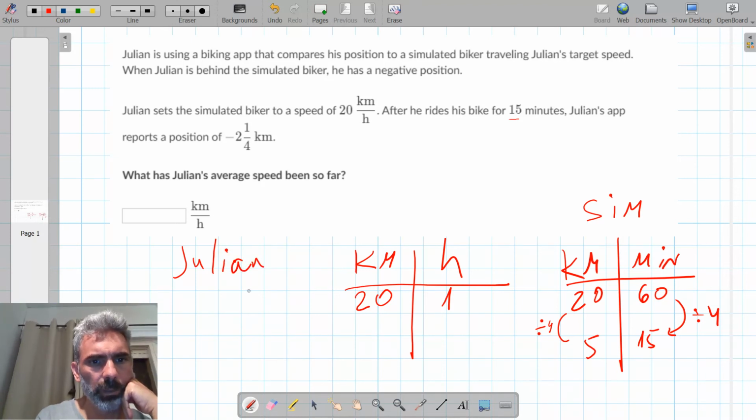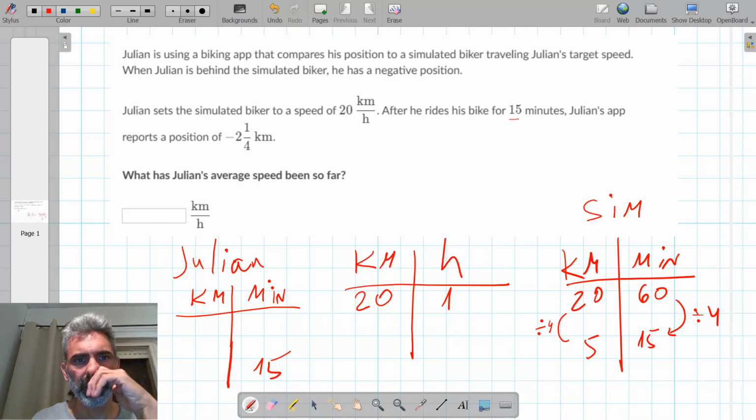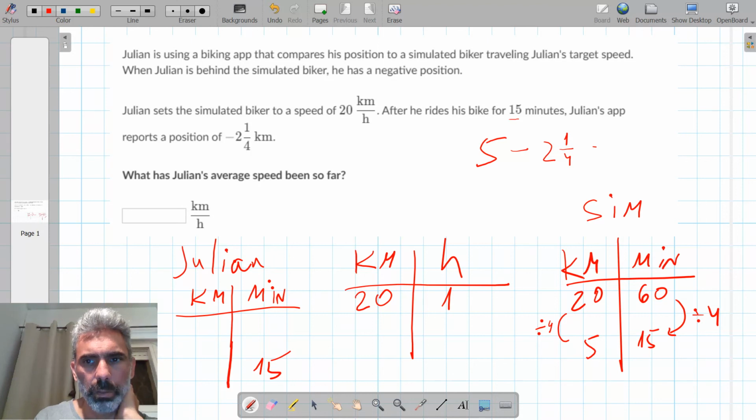Julian after 15 minutes is at 5 minus 2 1/4, which is 9/4.